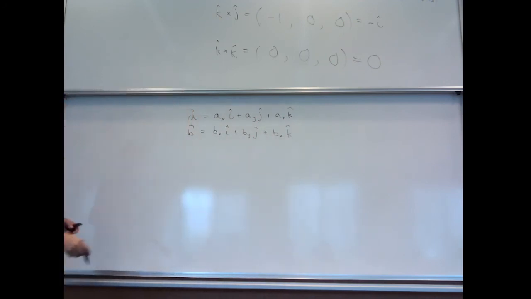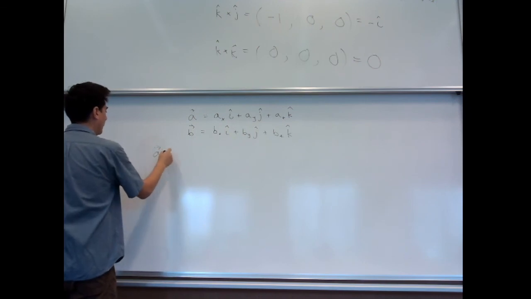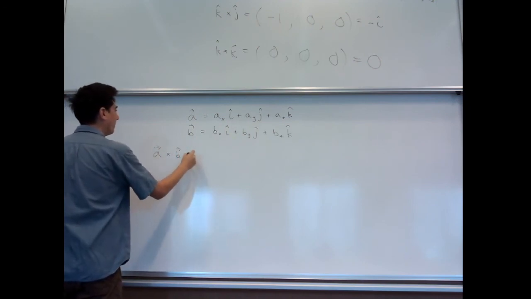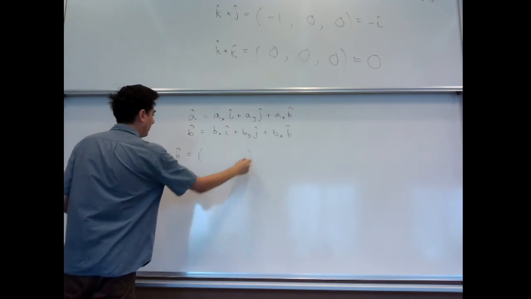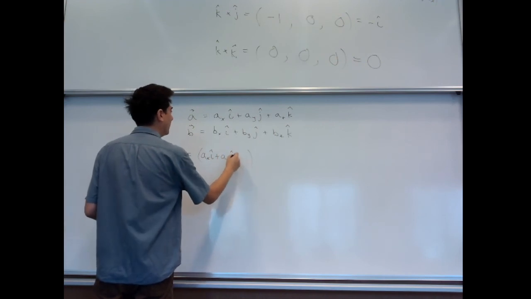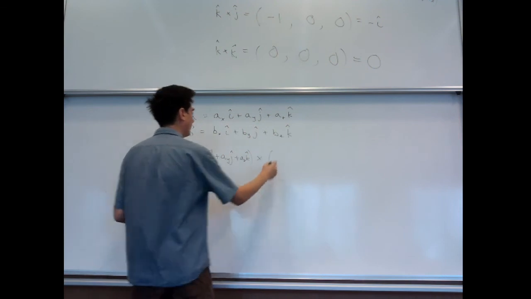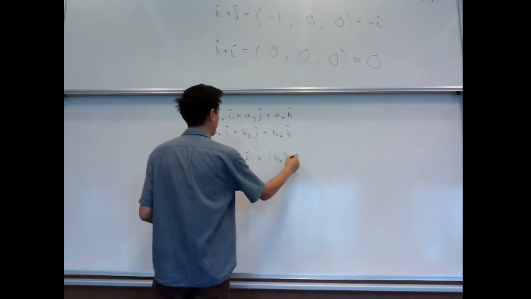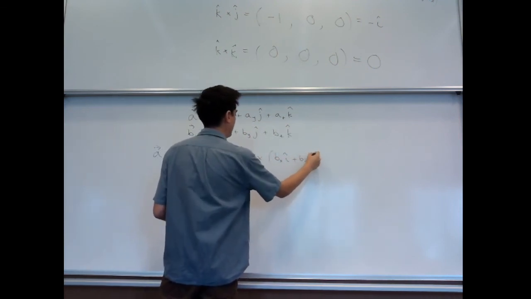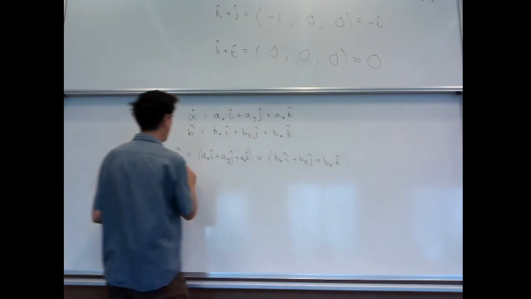Okay, and what we're going to do is, this is what we want to work out: A cross B. So when we do the cross product, the vector product, I'm going to copy this out again. Bx i plus By j.